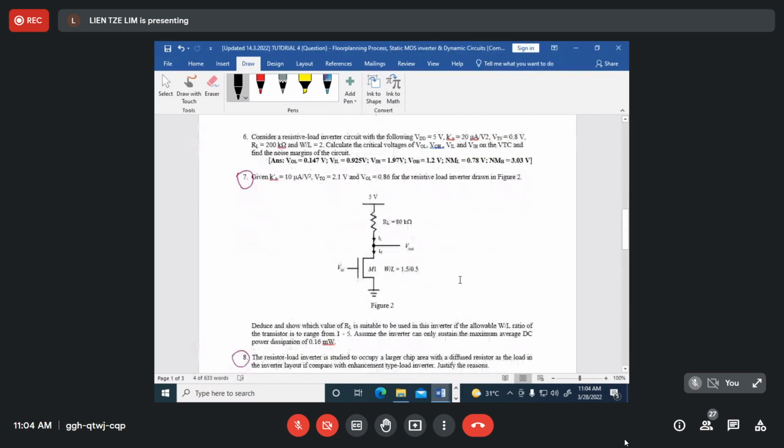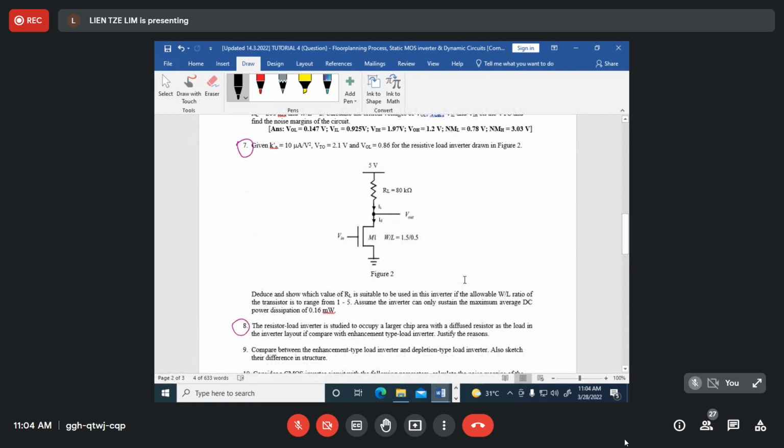Now is question 7. Given K prime N equals 10 microampere per voltage square, the threshold voltage is 2.1 volt and VOL is 0.86, for the resistive load inverter drawn in figure 2.